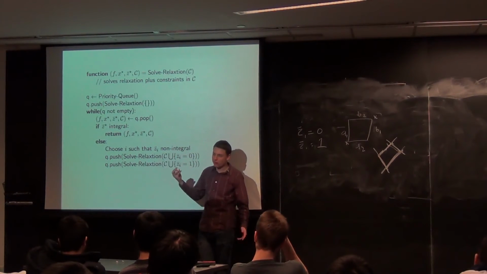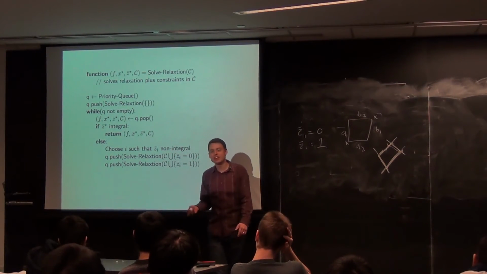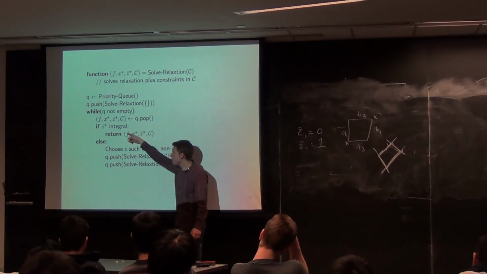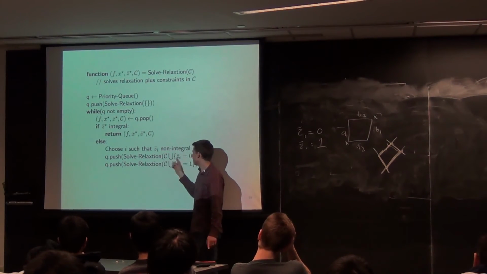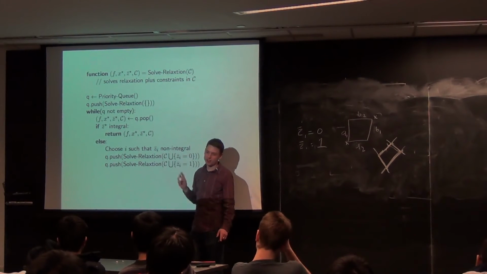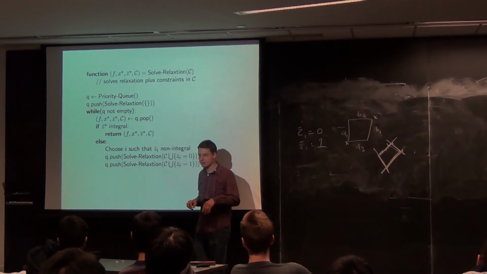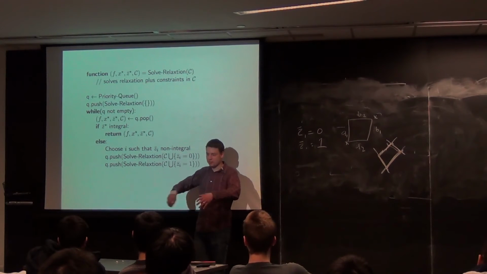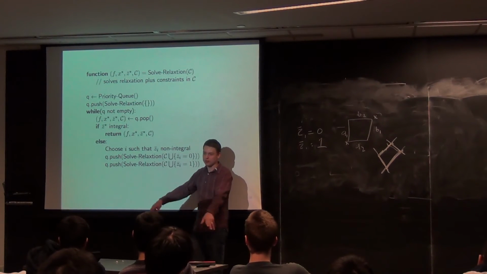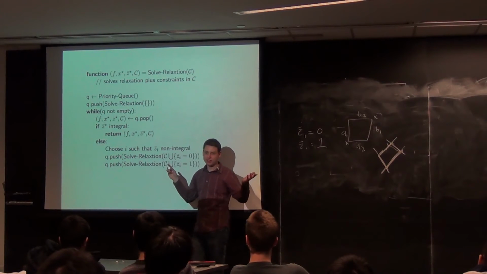Unless the whole thing's infeasible, which I guess might happen. But if this thing is infinite that we're pushing onto the queue, it's never going to come back again. So essentially, we're never going to expand it again. We're never going to look at any of its children. And so we've saved a lot of time.